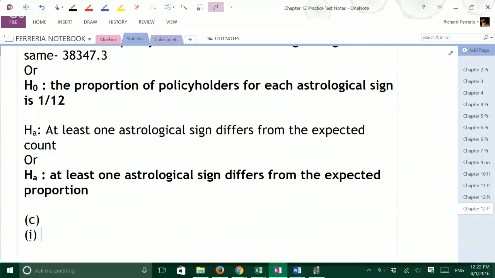Are we told anywhere that this is a random sample? We're not, are we? No, it says to assume that this is a random sample. Okay. We are told to assume it is a random sample.